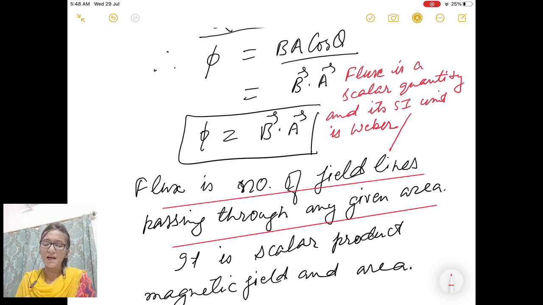You can also write for SI unit, for B you can write Tesla multiplied by for area meter square. So these are the SI units of magnetic flux.